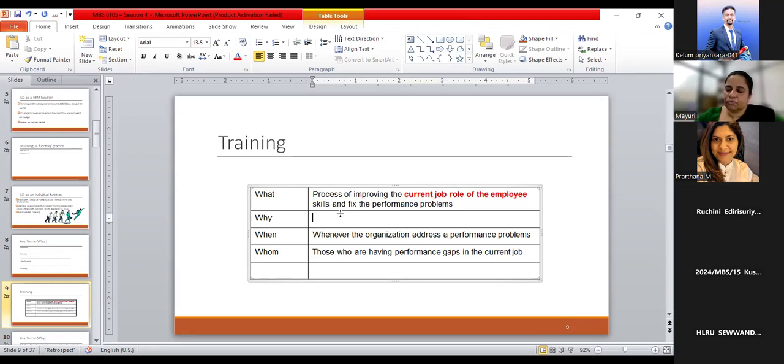So we are providing training initiatives to employees who are not performing up to the standards because it affects the revenue of the organization, to safeguard and ensure the revenue or profit.